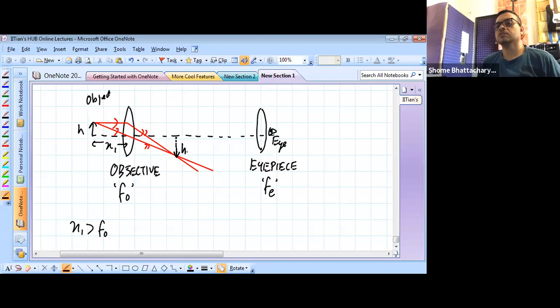Let's say this is h1. So this is the real, inverted, magnified image by the objective lens.